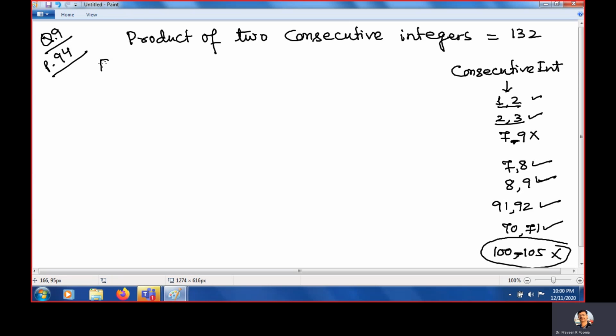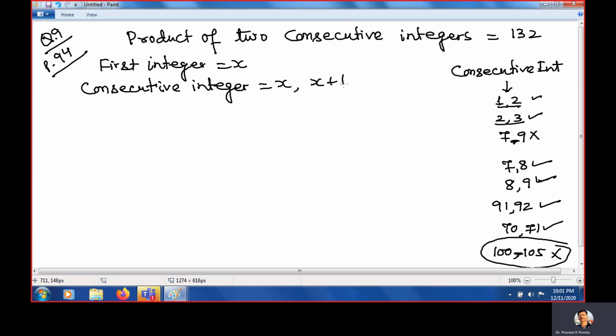So let the first integer be x, then what will the consecutive integers be? x and x plus 1, because if you add plus 1, 1 plus 1 is 2, 2 plus 1 is 3, 7 plus 1 is 8. That's why this is wrong. So one should be x, another should be x plus 1.